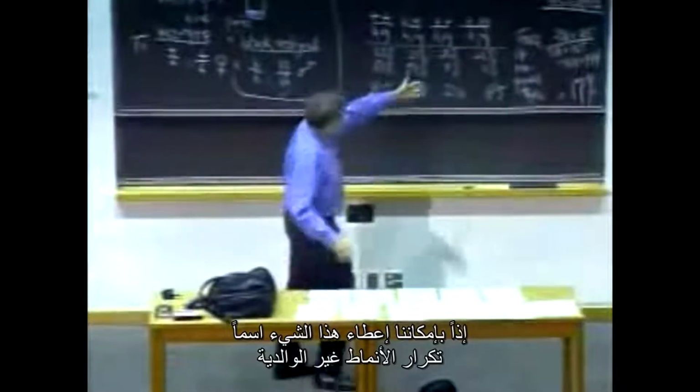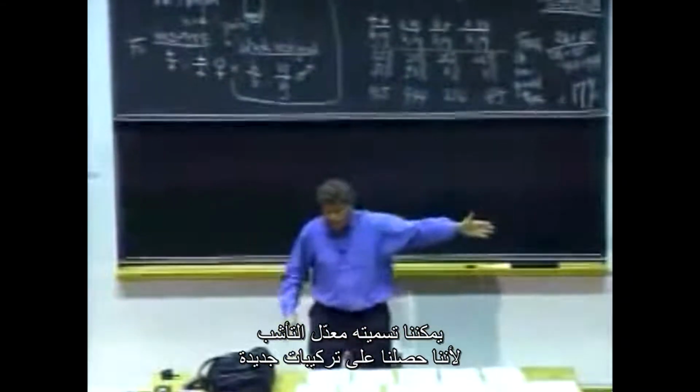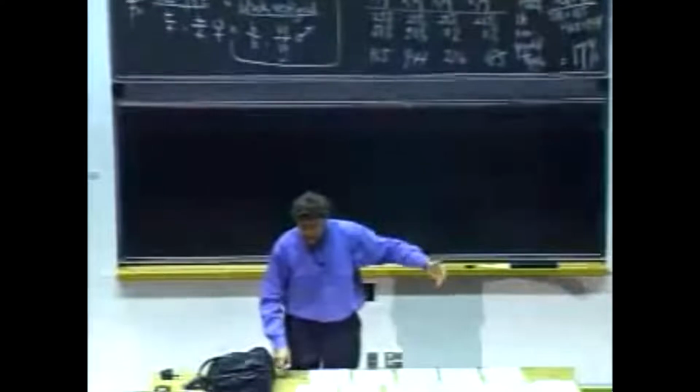We can give this thing a name, the frequency of non-parental types. We can call this the recombination rate because we got new combinations, right?